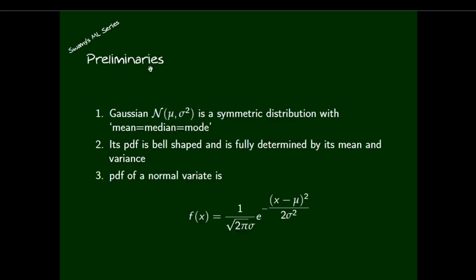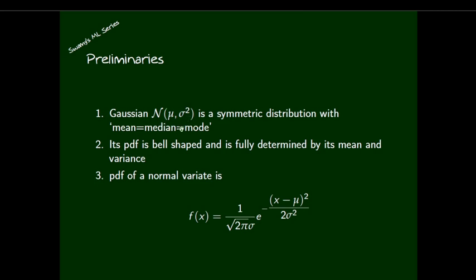So, the preliminaries related to normal distribution. A Gaussian distribution can be denoted like this: N of mu, sigma square, where mu is the mean and sigma square is the variance. Sometimes we say that the normal distribution is a biparameter distribution.